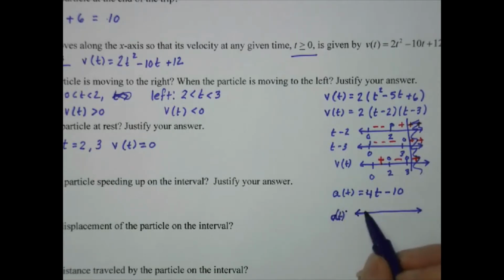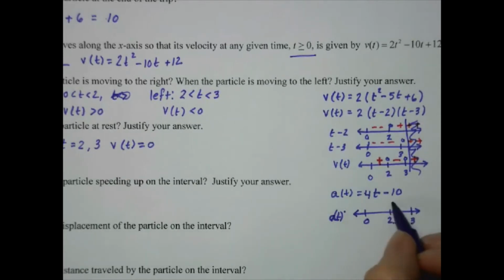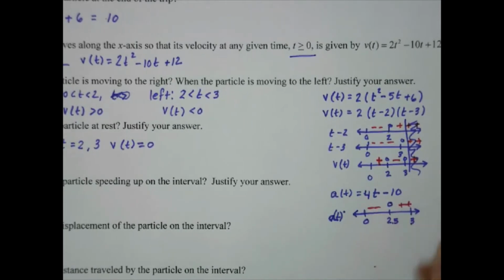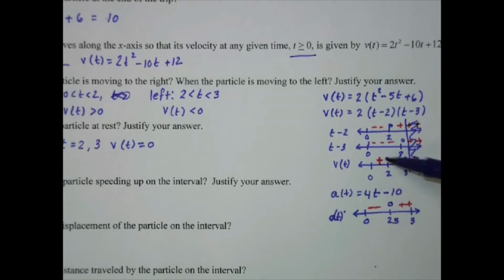This is our acceleration. So it's 0 at 2.5. It's going to be negative before then and positive after that. So we're looking for any locations where they have the same sign. So from 0 to 2, this is positive, this is going to be negative.